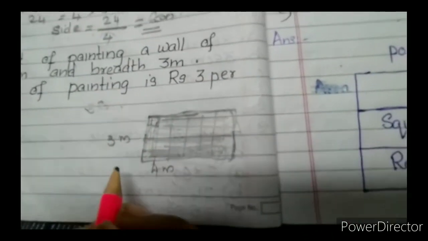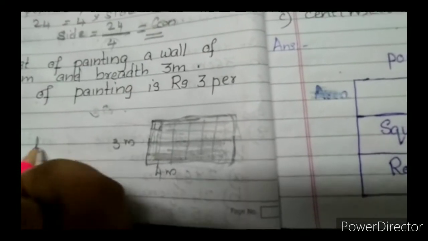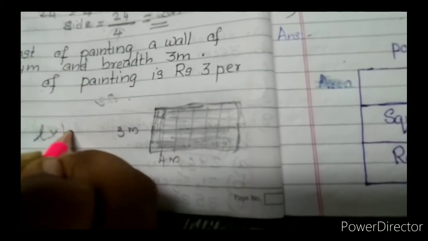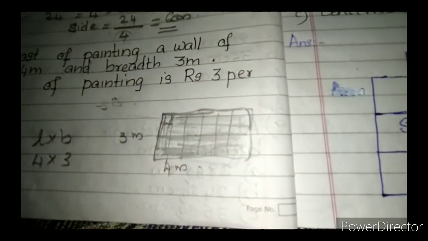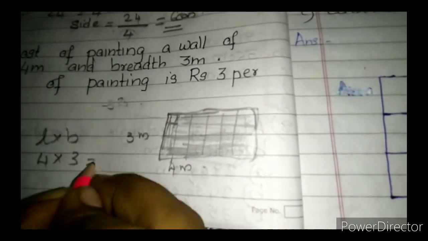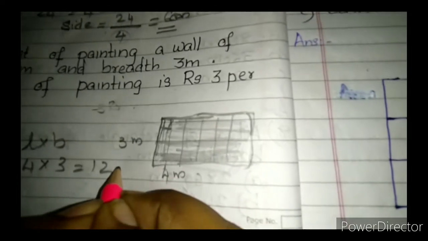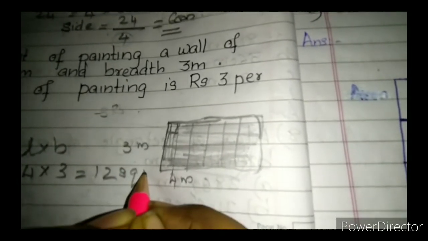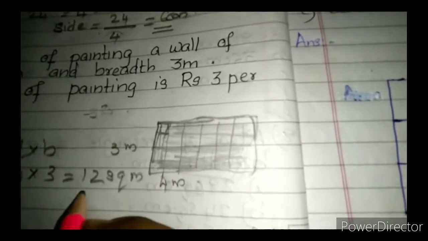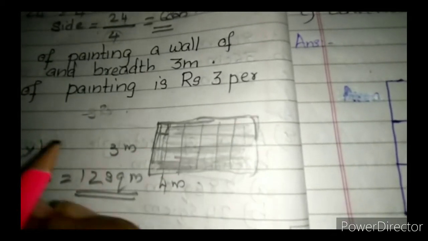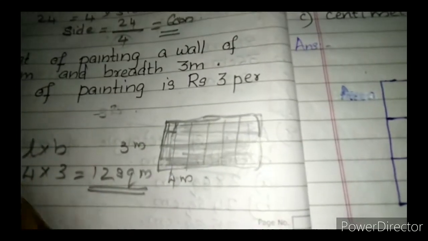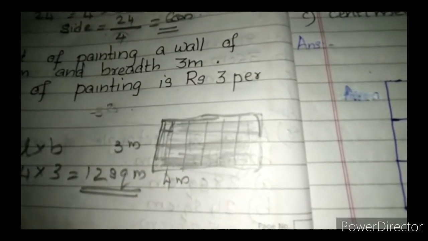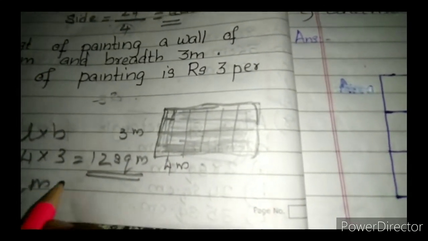Area is equal to length into breadth. That means 4 into 3. 4 threes are 12. Okay, we have got the 12 square meter. Then if the cost of painting is rupees 3 per square meter, 1 square meter costs 3 rupees.